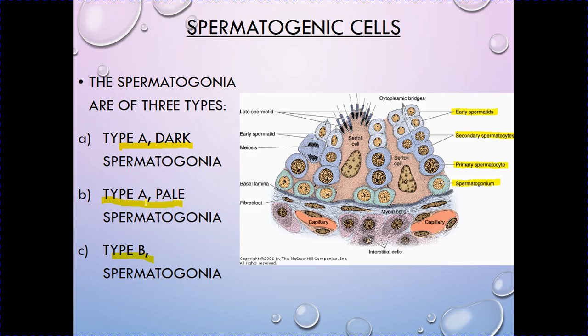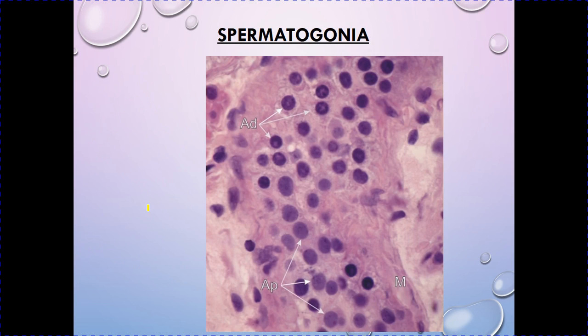So on the basis of their nuclei, they are called dark and pale. This is an image in which you can see the different types of spermatogonia. Type A dark, see, their nuclei are dark staining. Type A pale, their nuclei are comparatively lighter than the dark staining.